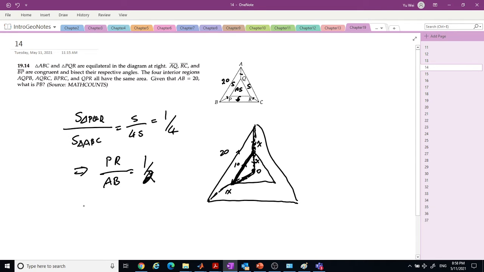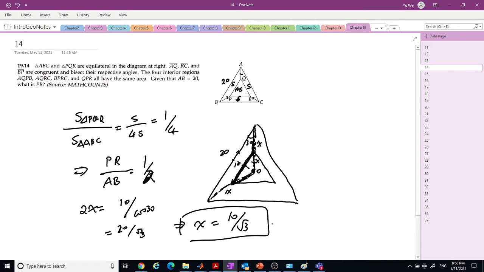So then we know the 2x is equal to, then this is a 30 degree, right? 2x is equal to 10 over cosine 30, right? Cosine 30 degrees is root 3 over 2, and 20. So that one your x equal to 10 root 3.